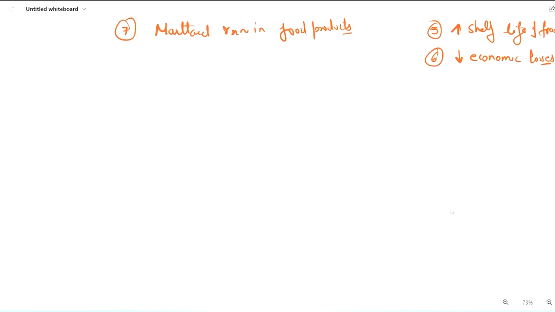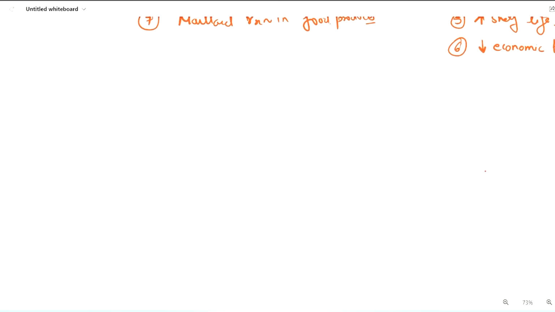So the important aspects of hurdle technology, how it actually works, are, number one, homeostasis, right?